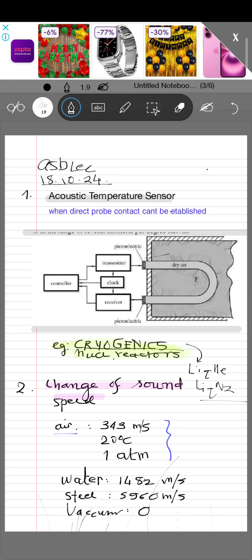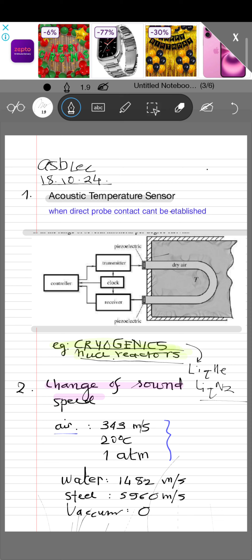And there are also situations where the temperature is very high, like in nuclear reactors. So we need to think of an alternative where the pressure or the temperature can be measured. The alternative comes in the form of an acoustic temperature sensor.